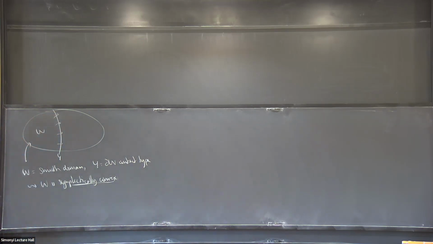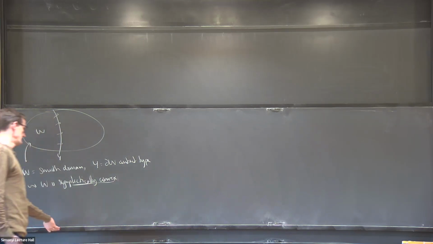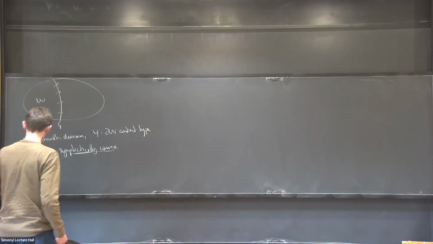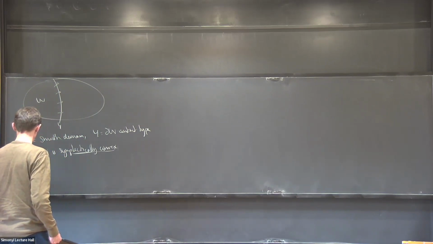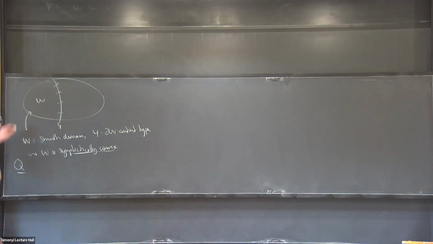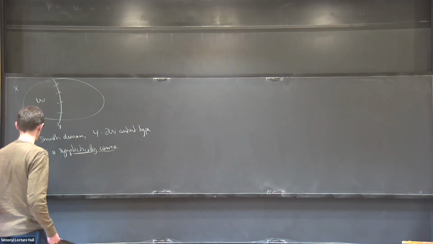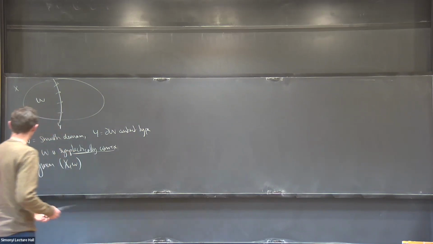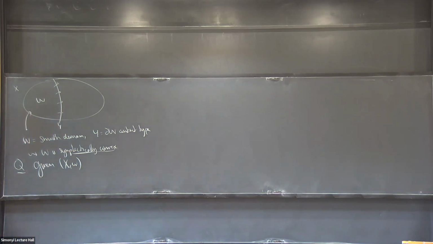Okay, and so the basic question I wanted to try to explore a little bit is, if you're given this ambient symplectic manifold, what contact type hypersurfaces can you find in X?